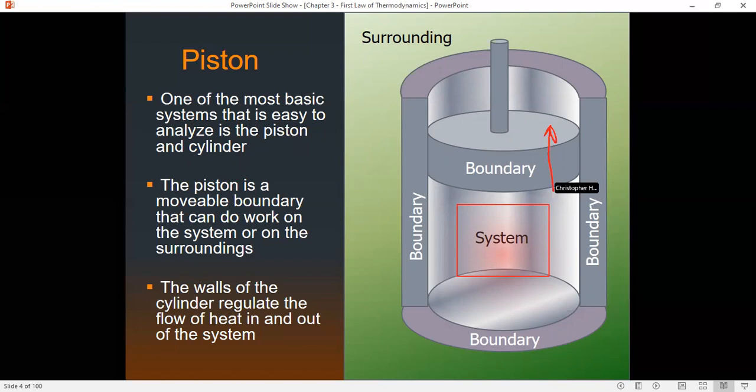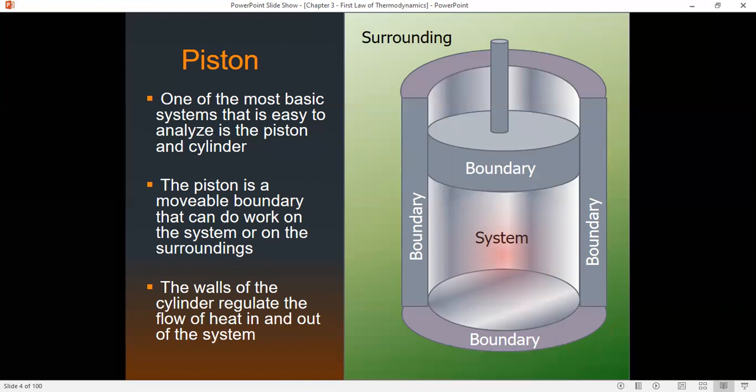Okay. And again, here's our boundary for this particular case. This is the movable piston that can go upward or can go downward. And it interacts with its surrounding by allowing us to transfer work out of the system. Or another boundary might be the walls or bottom, where we can add heat to this particular piston. So the boundary allows us to have an interface with some other surrounding.